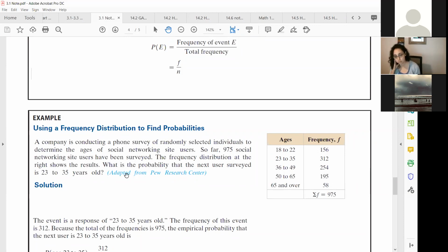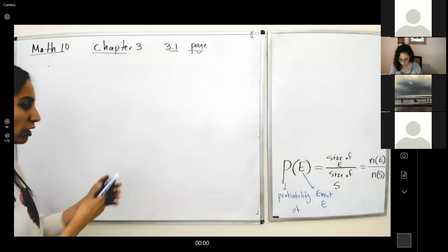The question says, what is the probability that the next user surveyed is 23 to 35? You're finding the probability. You need to form your fraction. Let us write the question here.